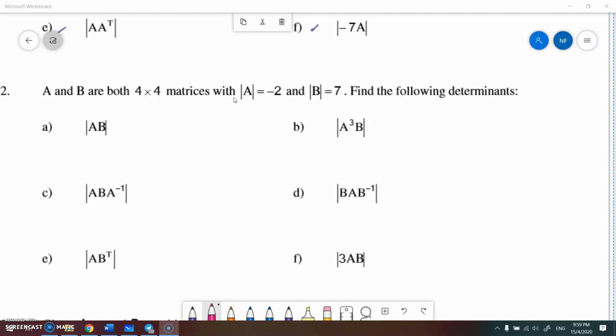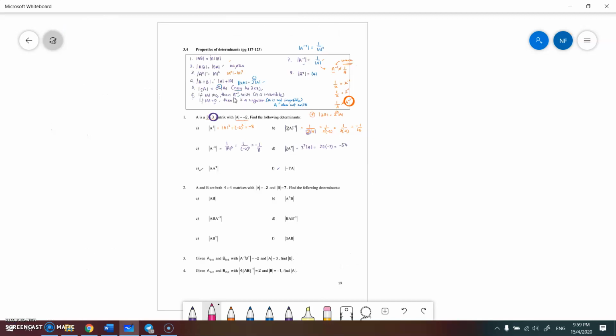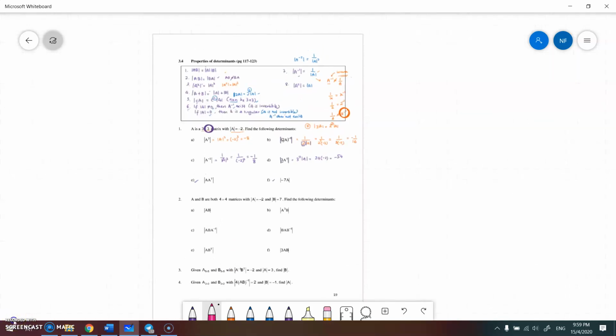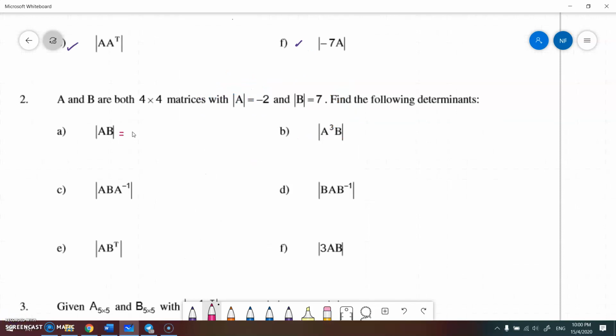Okay, now if we have two matrices A and B, determinant AB is also equal to determinant BA, or we can separate determinant A, determinant B. So your answer is negative 2 times 7, negative 14.